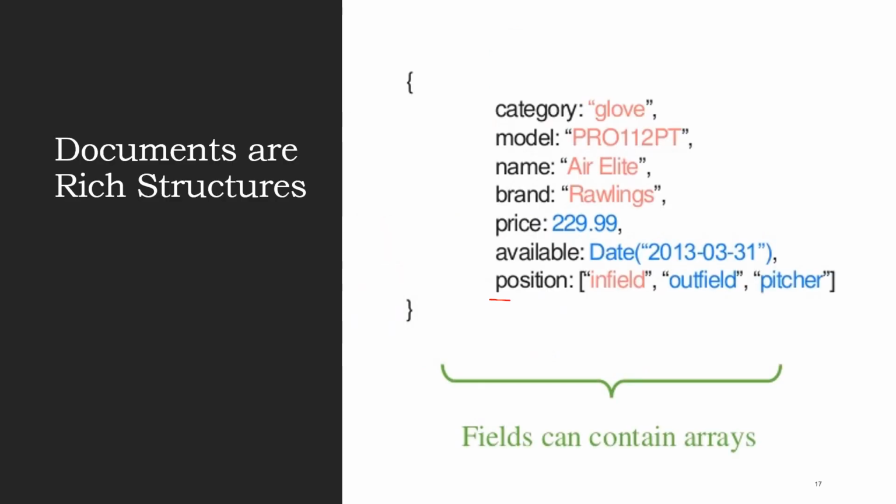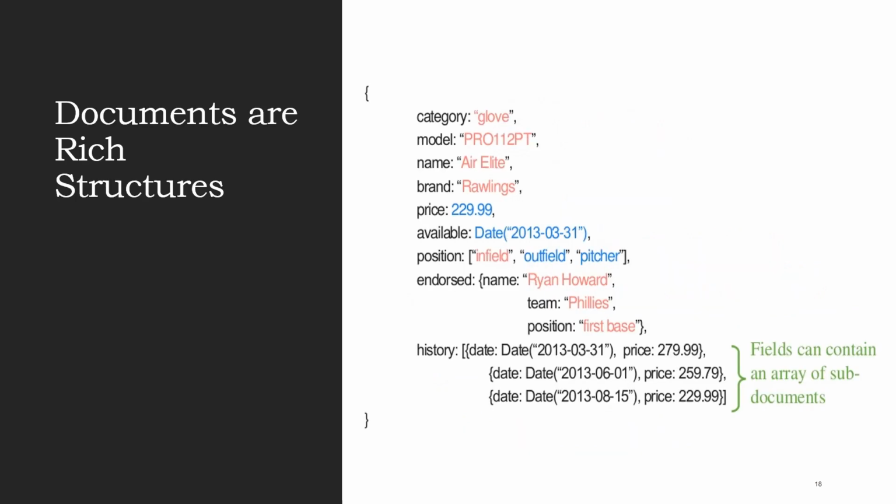And with this, we can see that our document can have rich structure. Rich in the sense that it can have very various structures, and we can even have complex structure, not only simple property or attribute values. So here is an example of an array. And with this, you can see we could keep adding more details into our document. From the previous slide, we see only this part.